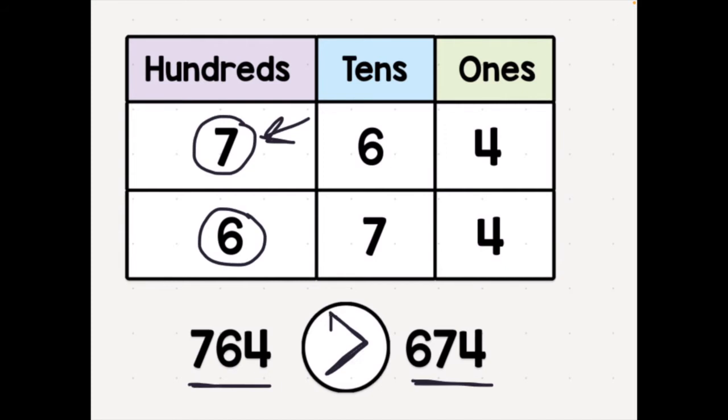And we're going to draw that mouth in here because remember the hungry mouth wants to eat the number that's bigger. Okay, it doesn't want to eat this puny, tiny number. It wants to eat this giant, big, huge number.